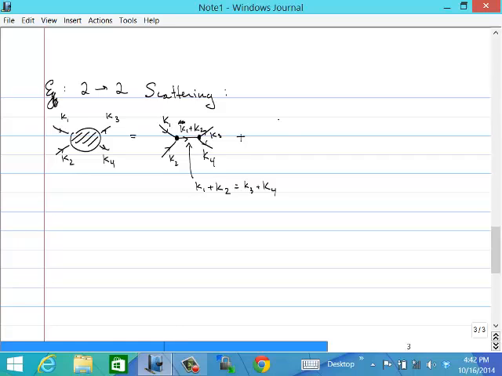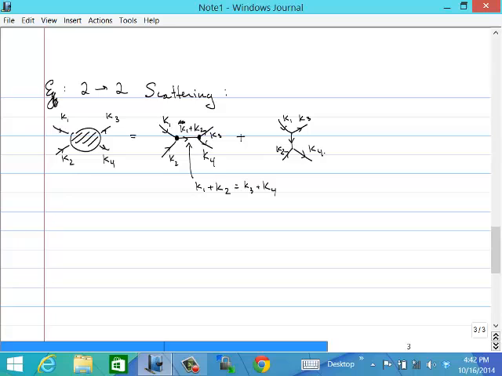Okay. And there are two other very similar processes. So there's a second process where the particle with momentum k1, sorry, I'm not very good at drawing these Feynman diagrams using this tablet, where the particle with momentum k1 emits a second particle that is then absorbed by the particle with momentum k2.